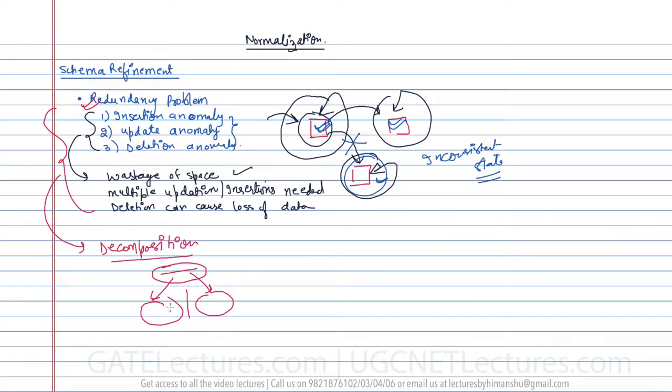But the problem is, if you want to divide this table into multiple tables, you want to preserve all the information which was stored here, plus you want this decomposition to be lossless. Lossless means if you combine them again, you do not want any extra information which is not present in the original data. That is the thing you do not want. So this is the case which we have to take care of while decomposing these tables.